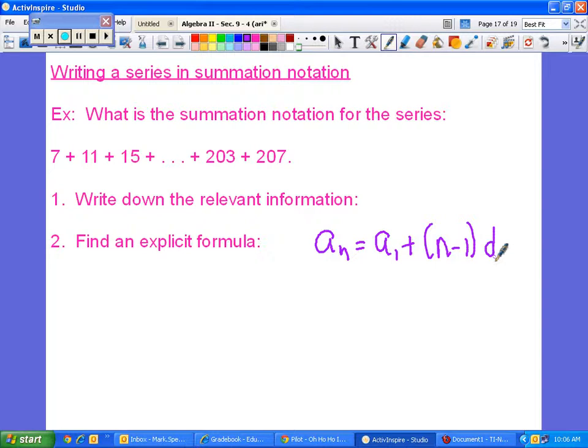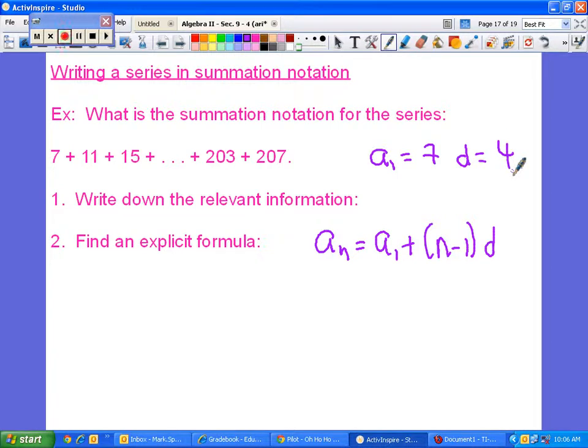Our first term is 7, and the common difference is 11 minus 7, which is 4.